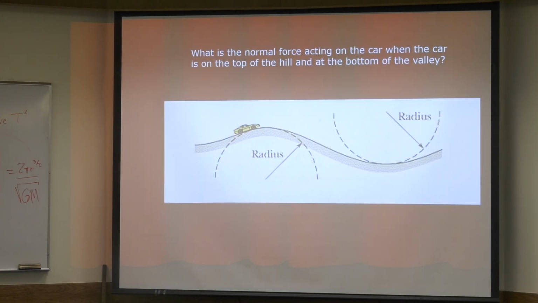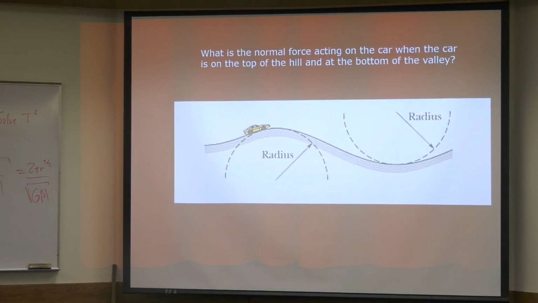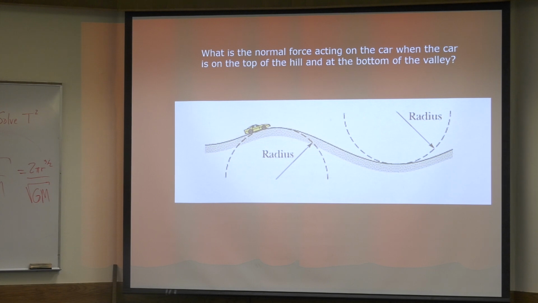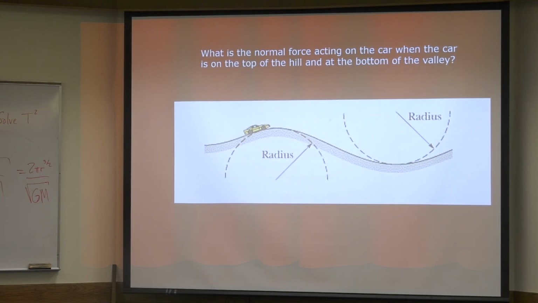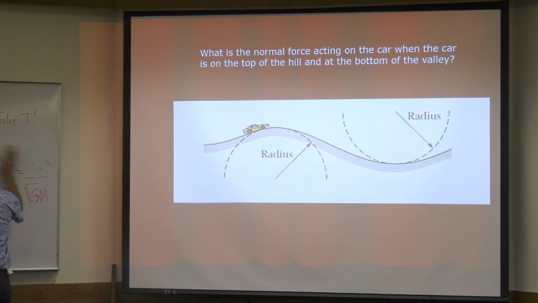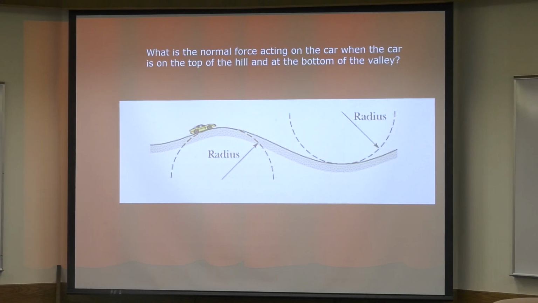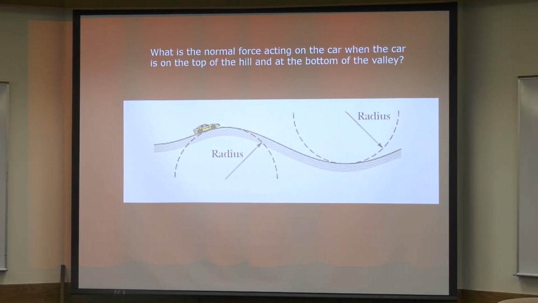All right, we want to do one more problem with the centripetal force. And this is a great problem. So everybody read it, please. All right, what is the normal force acting on a car when the car is on the top of the hill and at the bottom of the valley?